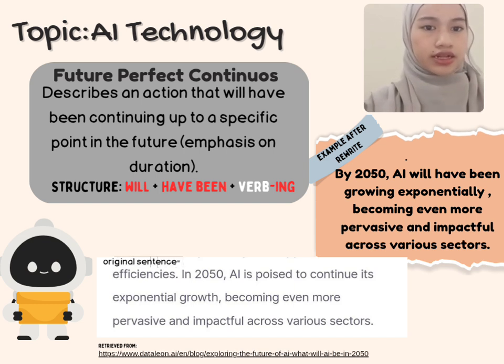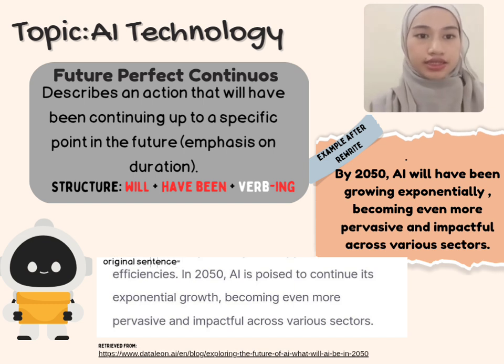I could not find a real example of future perfect continuous tense in any article, so I changed a sentence from an article to make it fit this tense. The original sentence was: in 2050, AI is poised to continue its exponential growth, becoming even more pervasive and impactful across various sectors.